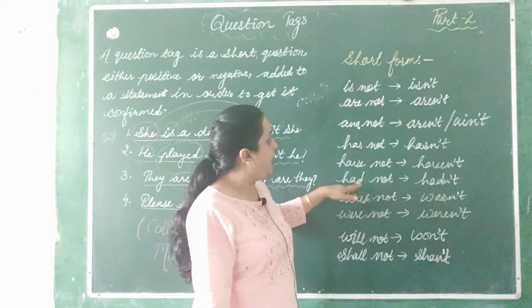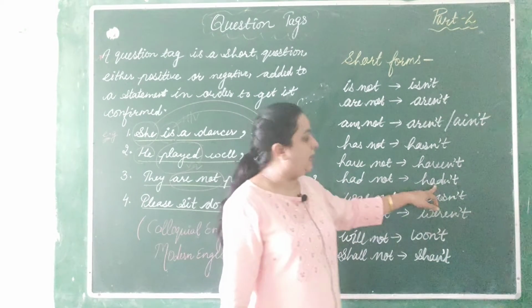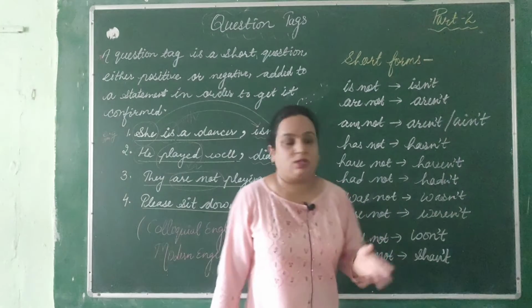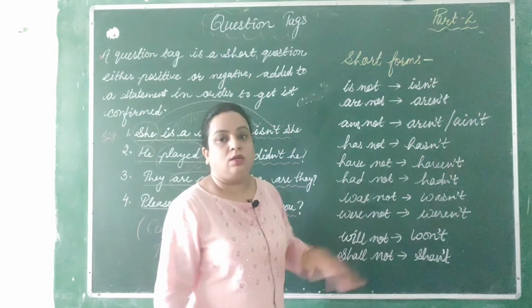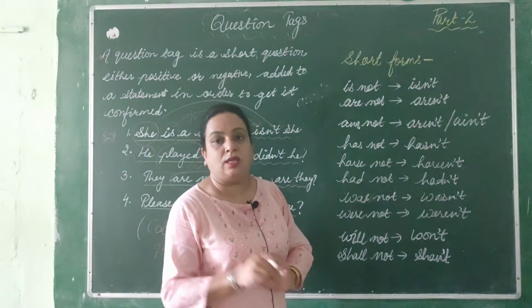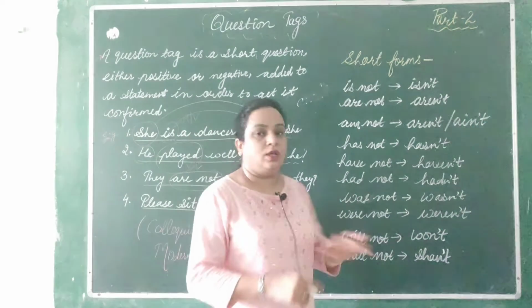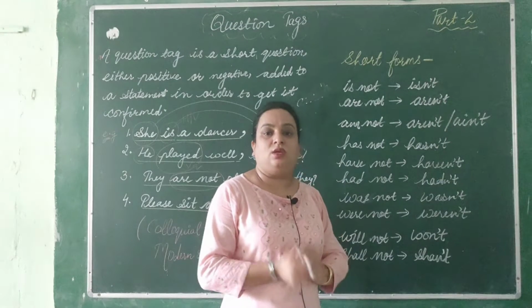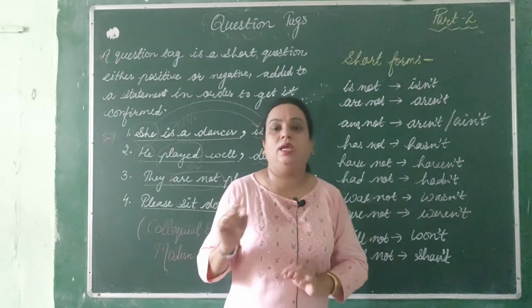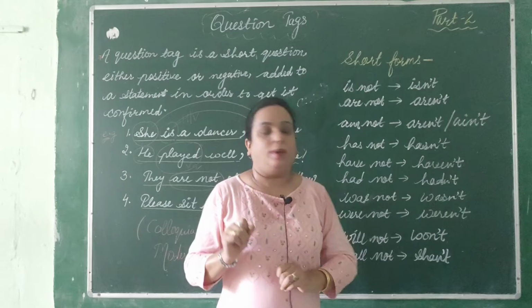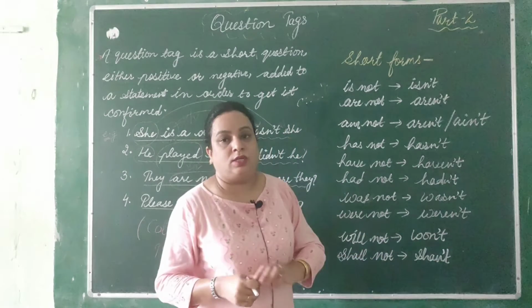So haven't. Had not. It is hadn't. Was not, wasn't, WASN and then T. Were not, weren't, WEREN and then apostrophe T. Will not. This is a different one.